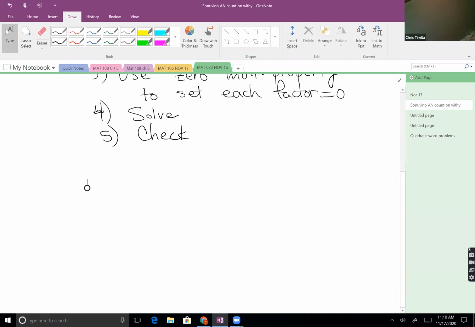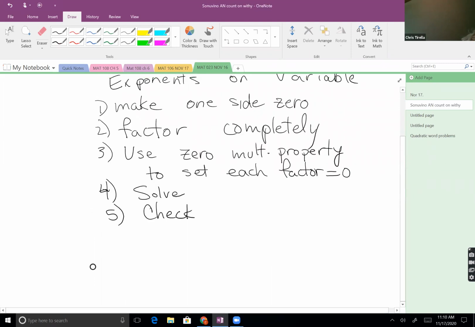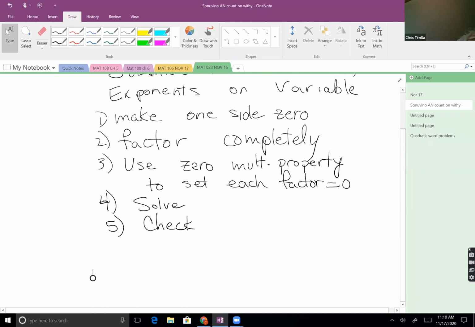What I'd like to add today is using that process to solve word problems. Before we do that, does anybody want to look at any of the solving equations by factoring problems from the homework?